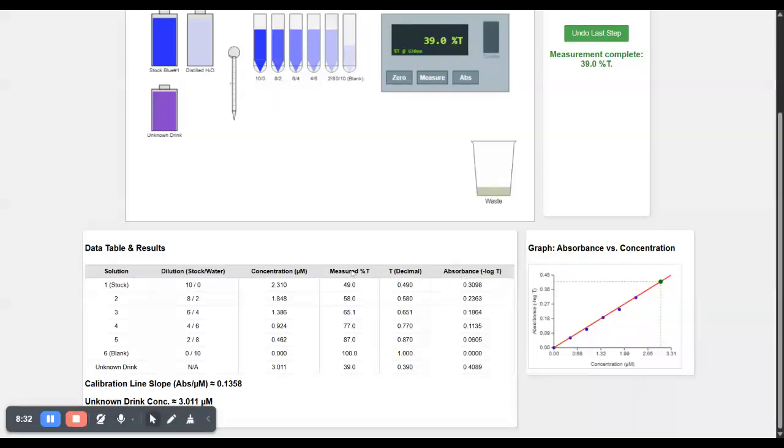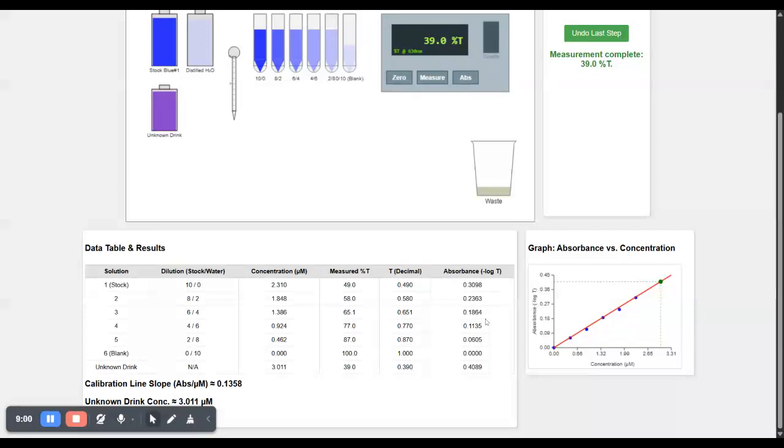So my measured percent T will range from 49% to the highest, which is 87%, if we don't consider our blank, because that's just our baseline. So it will range from 49 to 80% for the most diluted sample. We convert these into decimals by dividing by 100, and then we calculate the absorbance.